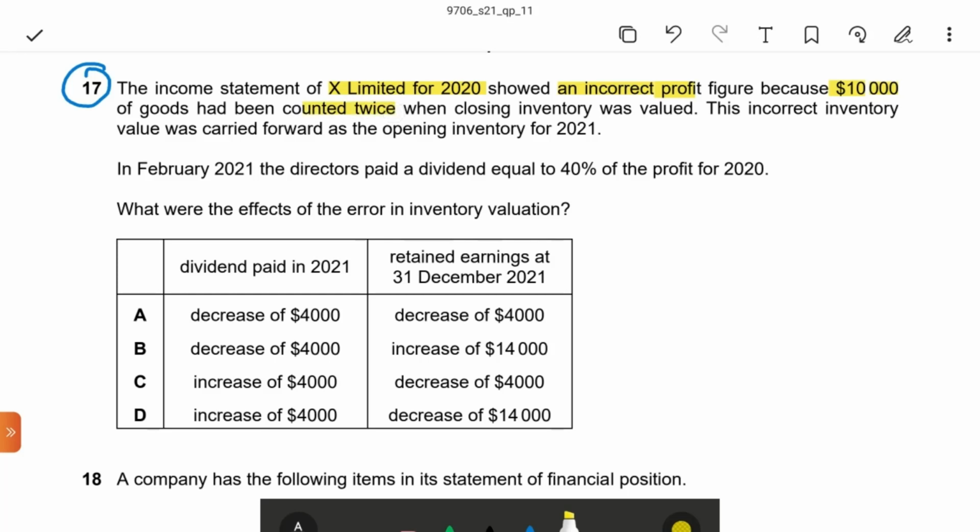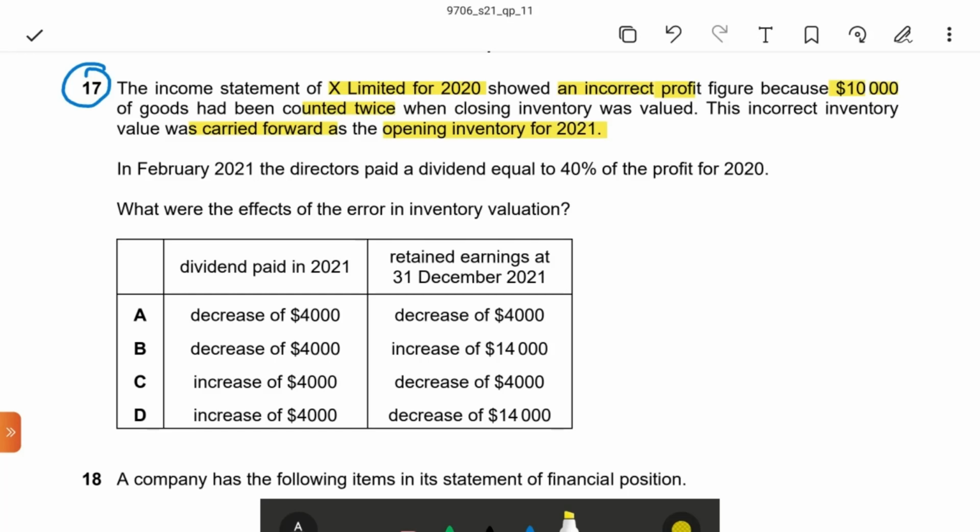It means closing inventory is overstated by 10,000. This incorrect inventory value was carried forward as the opening inventory for 2021.